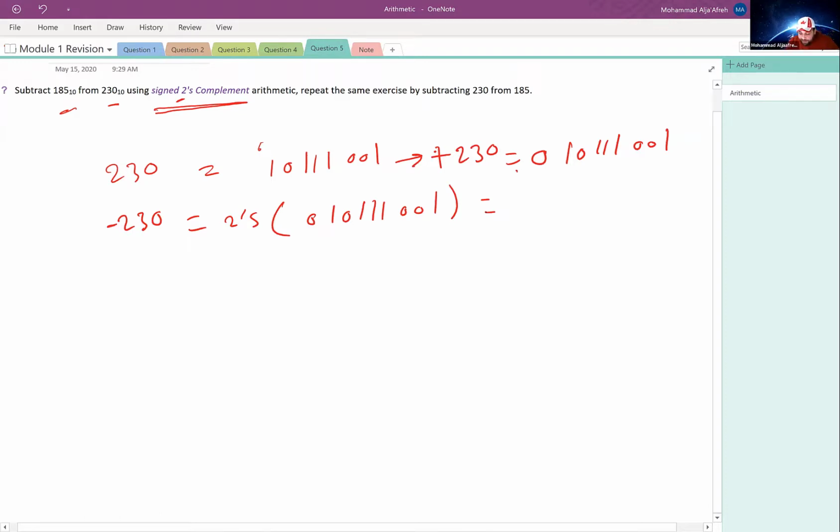You examine your number from left to right, and you keep the first 1 you encounter, and then you start flipping. So I will keep this one here, and this one will become 1, this will become 1, this will become 1. Okay, let me do it underneath so you can understand, and in a different color.